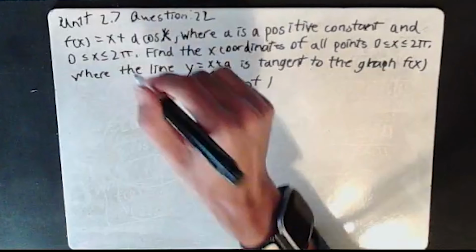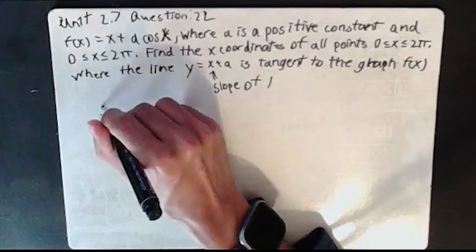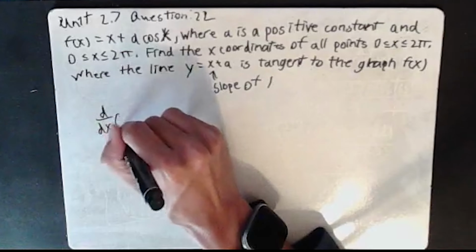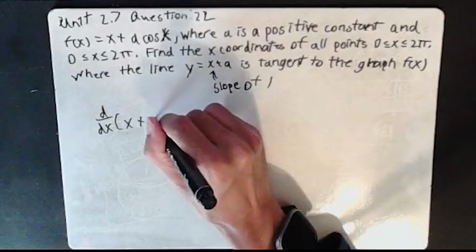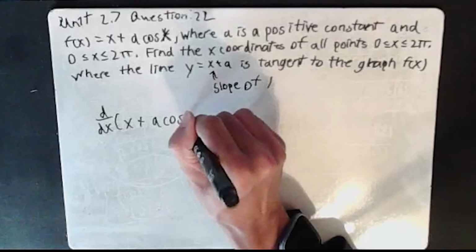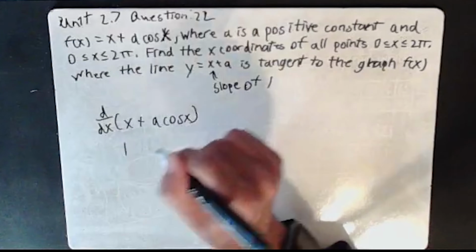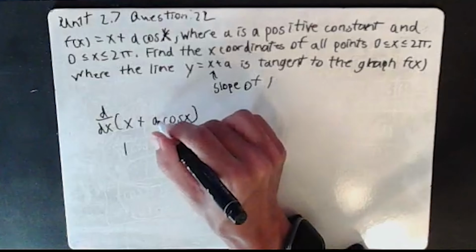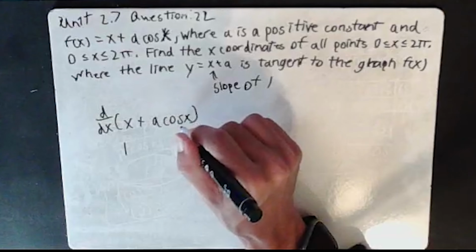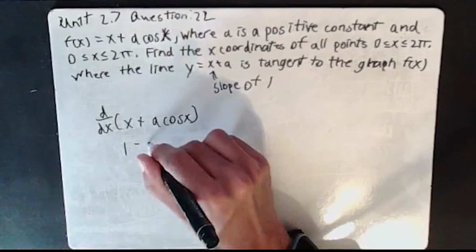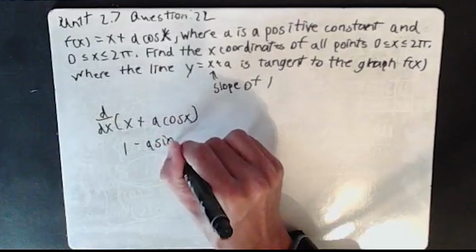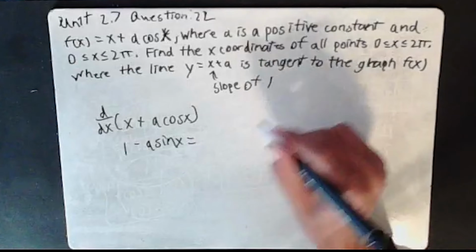So let's start by taking the derivative of the function, d over dx of x plus a cosine x. The derivative of x is 1. Remember, we can move the a out of the derivative, and the derivative of cosine x is negative sine x. So we get 1 minus a sine x. And we're going to set this equal to 1.